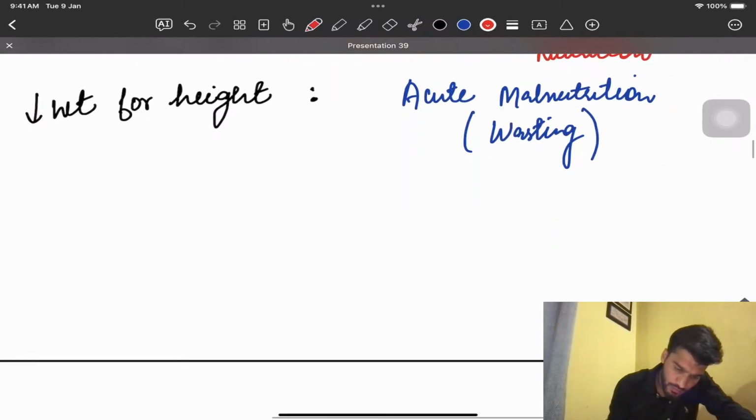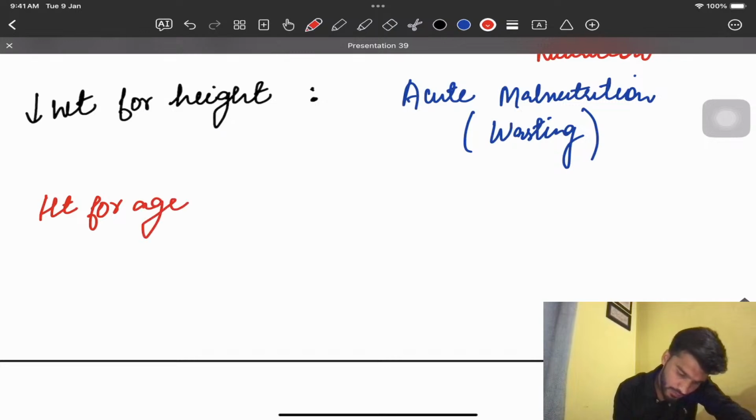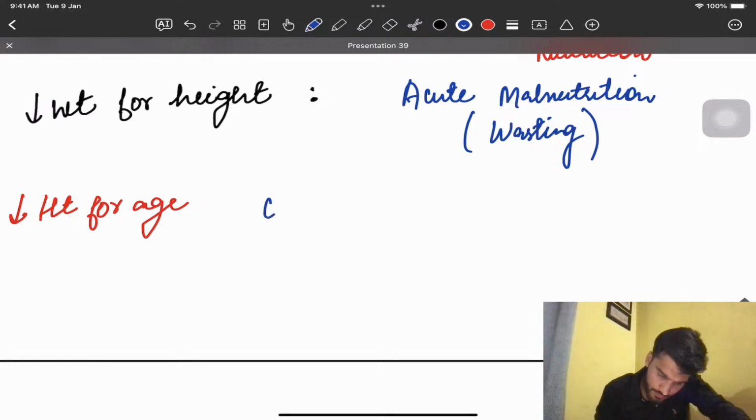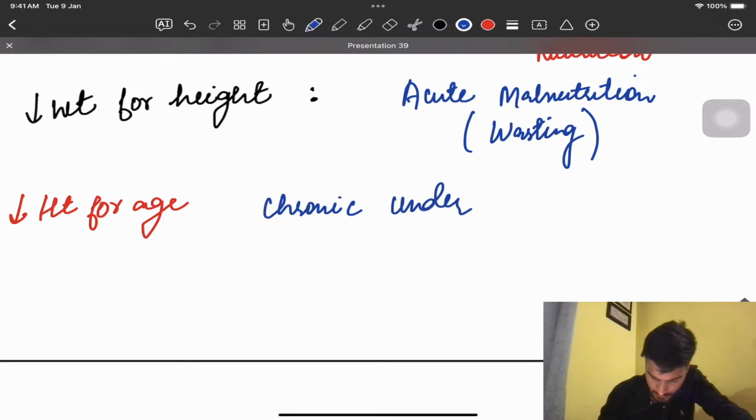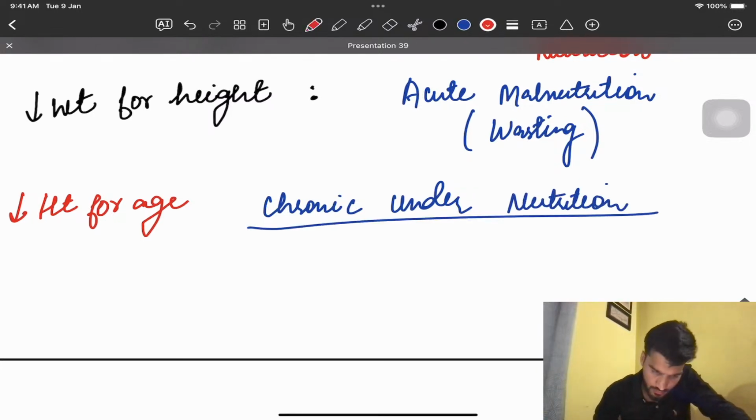If I talk about height for age, decrease height for age, that is chronic undernutrition, or stunting.